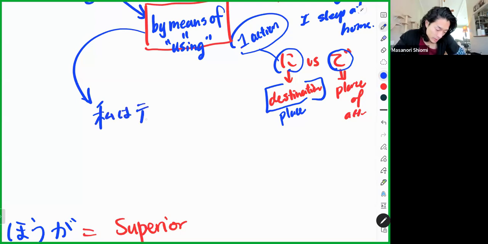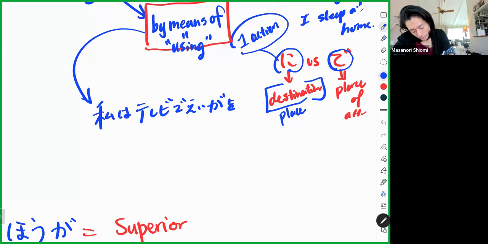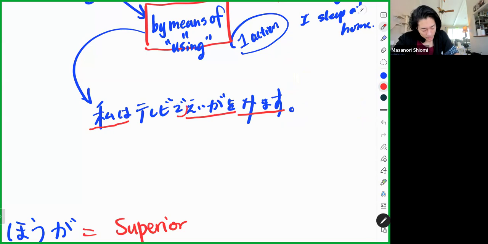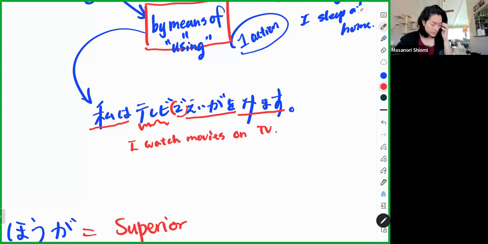私はテレビで映画を見ます。I watch movies by means of TV, meaning I watch movies on TV, right?